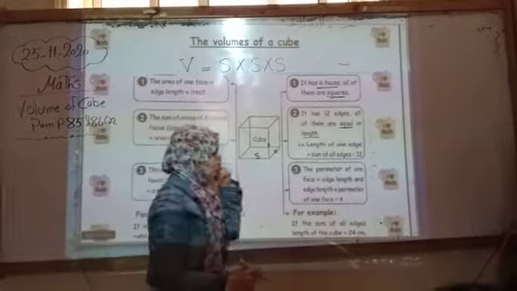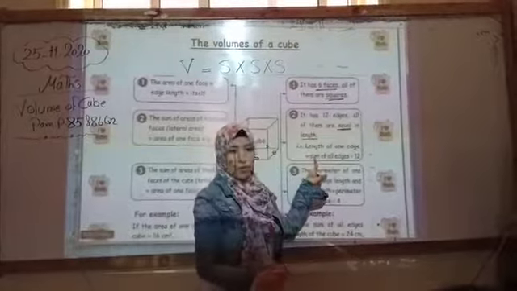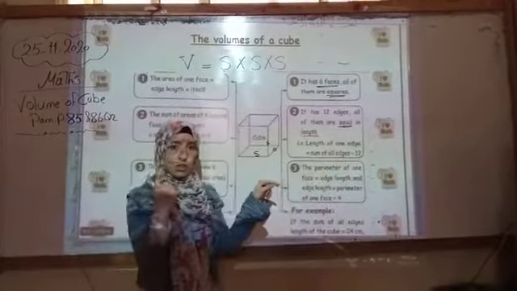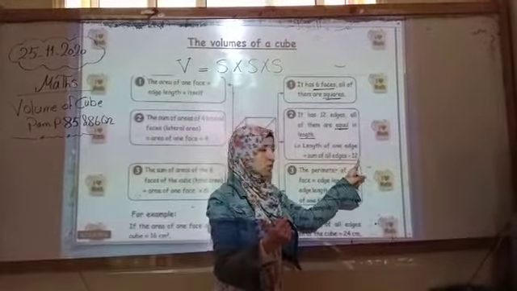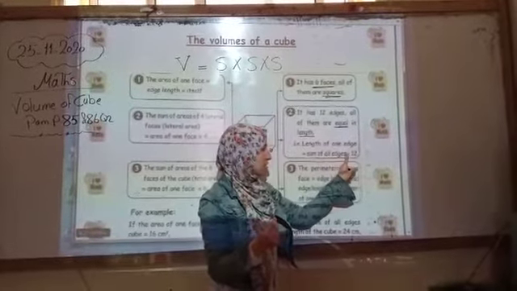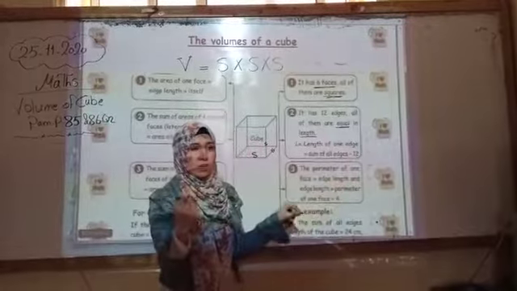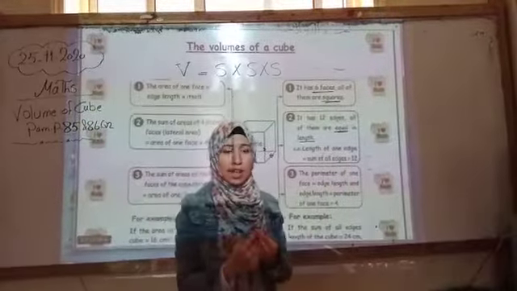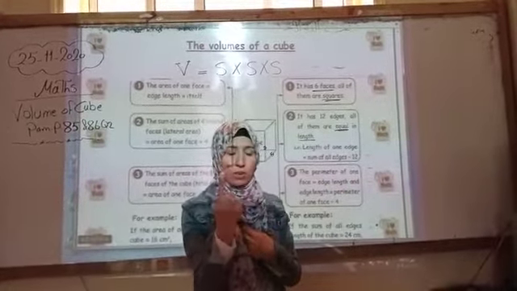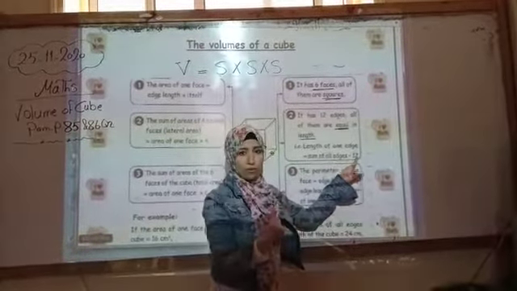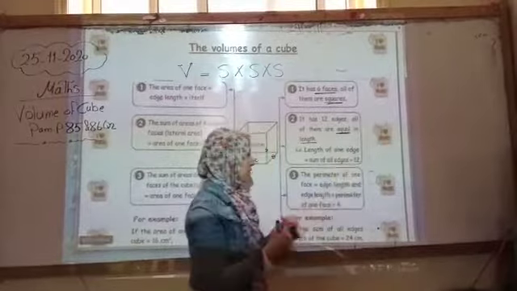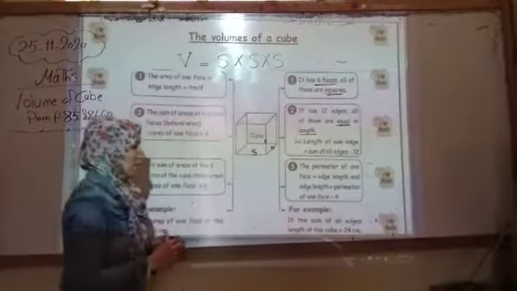Okay? So, when we know the sum of all edges and I want only one edge, we make the sum of edges divided by 12. Sum divided by 12.